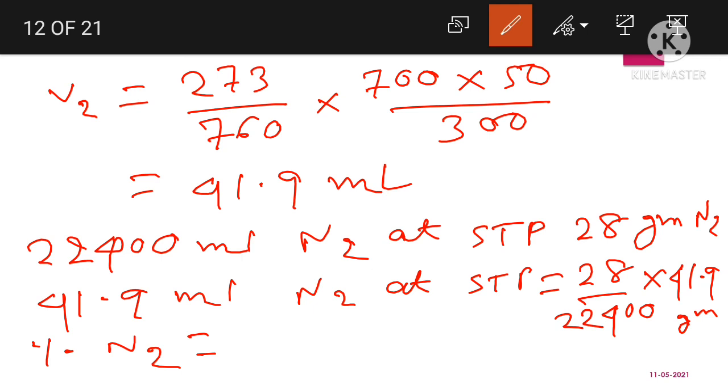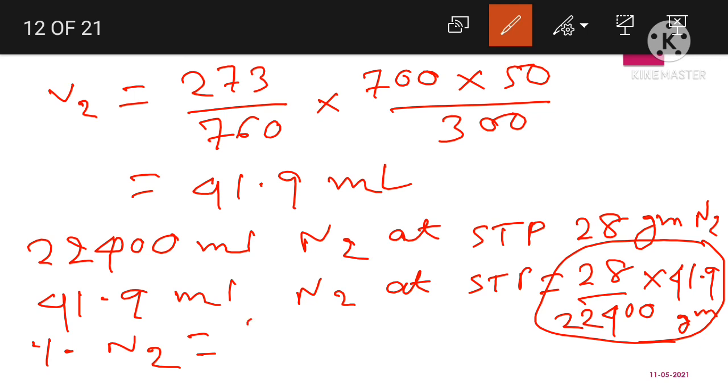The organic compound is 0.3 gram, so 0.3 gram of organic compound contains this much gram of nitrogen. 1 gram contains how much, and 100 gram contains how much.